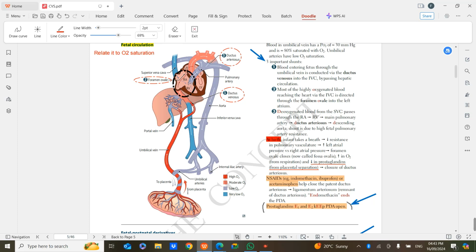If you have any vessel that is draining blood away from any tissue or organ, you call that vessel a vein. If you have a vessel that is bringing blood to a tissue or an organ, you call that vessel an artery. All right, this is the placenta.